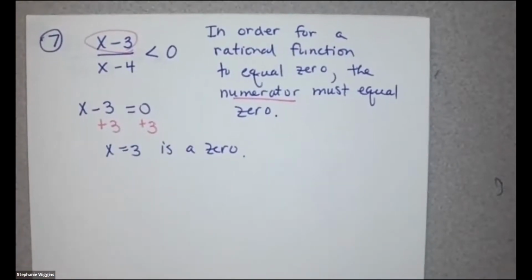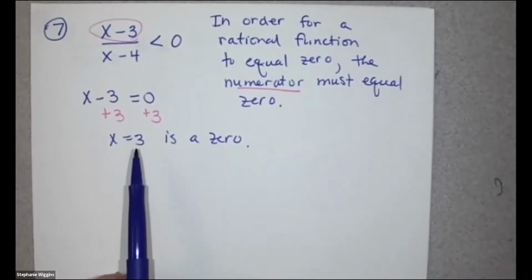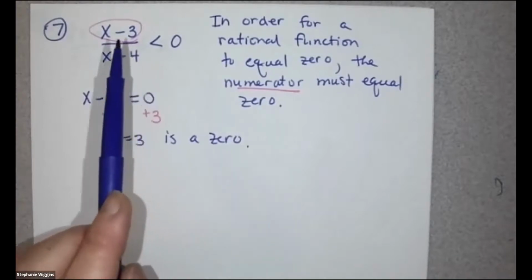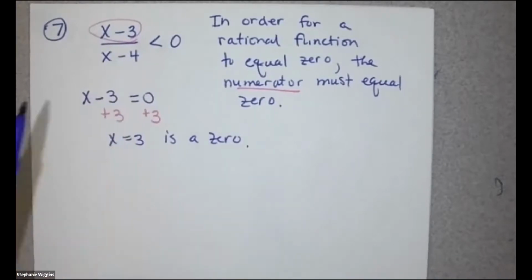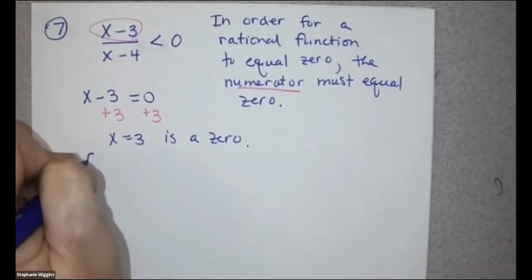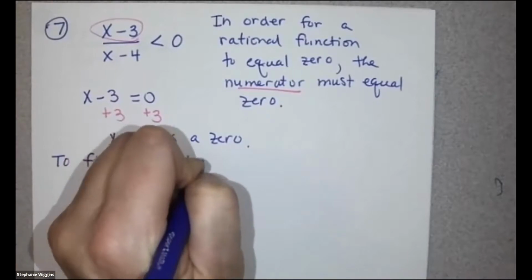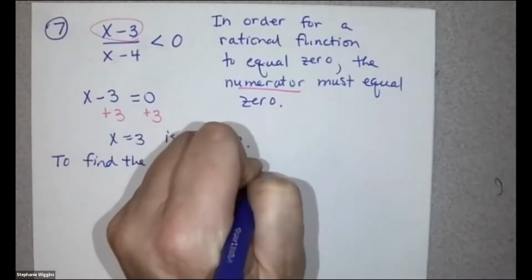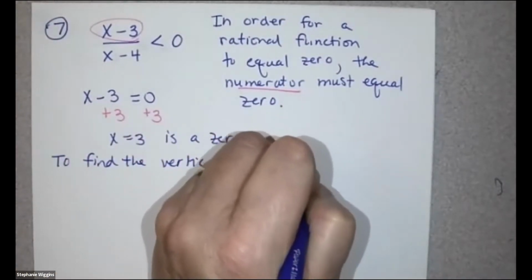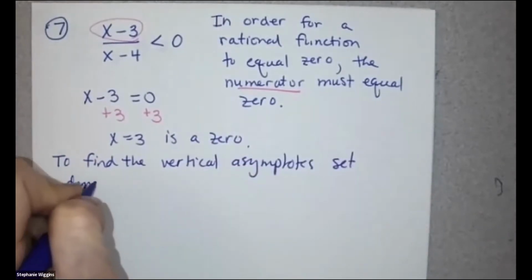Now, in addition to having a 0 of 3, this is a rational function, so it has a vertical asymptote. To find the vertical asymptote, you set the denominator equal to 0.